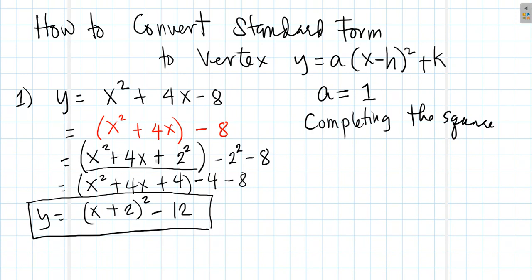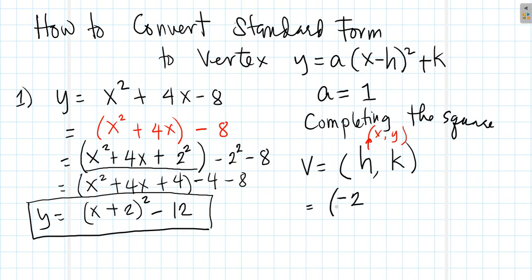And after converting it to the vertex form, we can now easily get the vertex, where the vertex is equal to h and k. So here, h is equal to negative 2, where you are going to get the zeros, which is, if we have x plus 2 is equal to 0, therefore x is equal to negative 2. H or x is the same, so this is your x, and this is your y, so this is an ordered pair, and that is a point on the parabola.